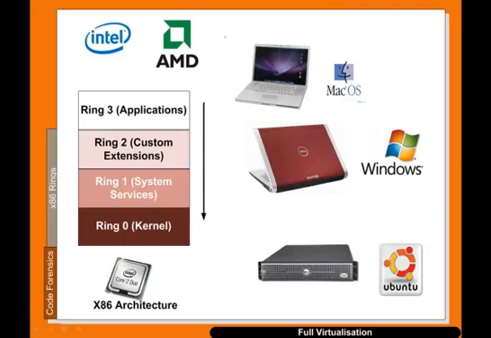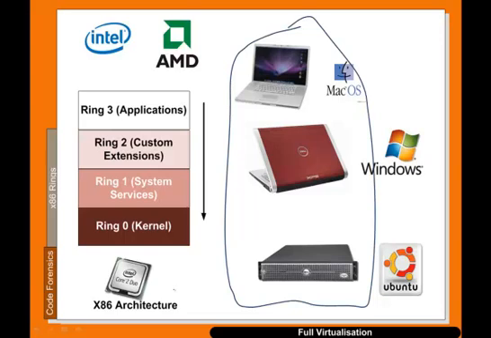This is how it works really, and all these devices here use the x86 architecture, which has this type of structure. Ring 0 is the most trusted level, and that runs the most highly trusted code, such as system calls.